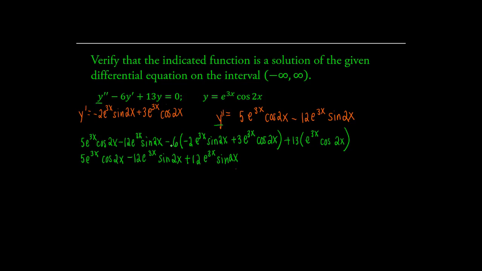And I'm also going to distribute that same negative 6 to this term, giving me negative 18e to the 3x cosine 2x plus 13e to the 3x cosine 2x. And we're attempting to prove that that equals 0.